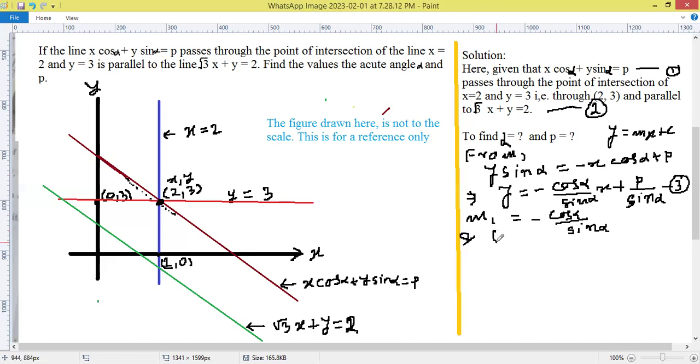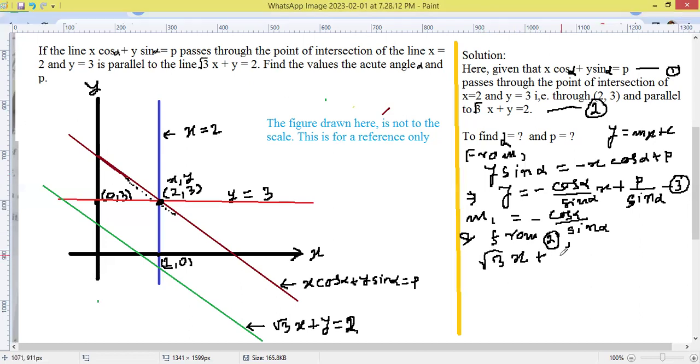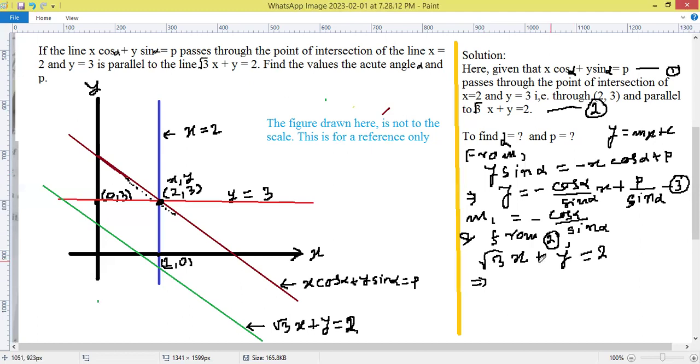And from equation 2, you can see that root 3 x plus y equals 2 is given. So make y alone. It is easy here: you just have to transfer this to the right side.